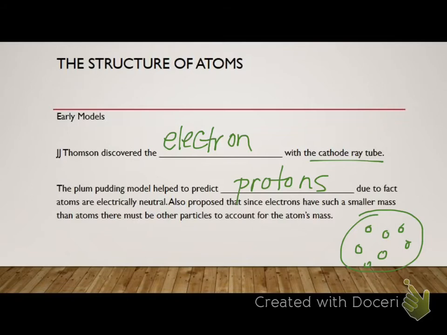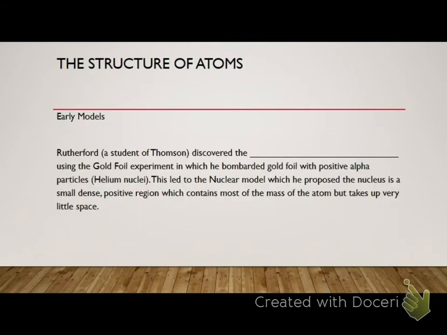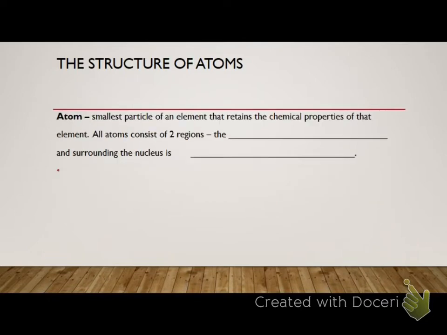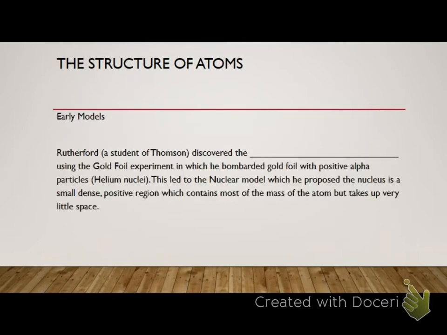Okay. Then Rutherford came along, who was a student of Thomson, and he discovered the nucleus. He did this with his famous gold foil experiment, in which he bombarded a thin sheet of gold foil with positive alpha particles, or helium nuclei, and he found that there was a small, dense, positive region.